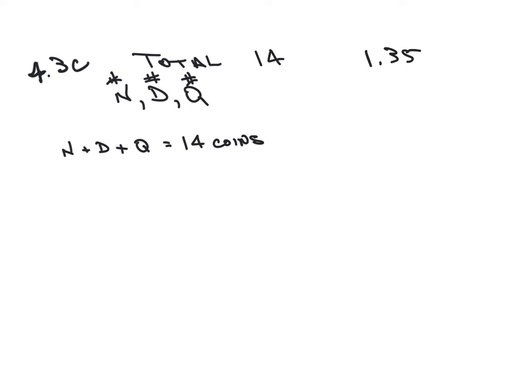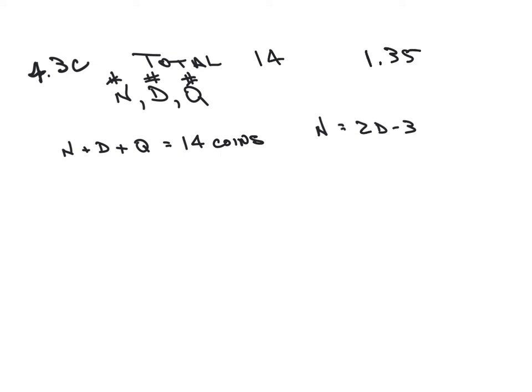What else do we know? The number of nickels is 3 less than twice the number of dimes. Does that make sense? Number of nickels is 3 less than twice the number of dimes. So there's another equation for us.